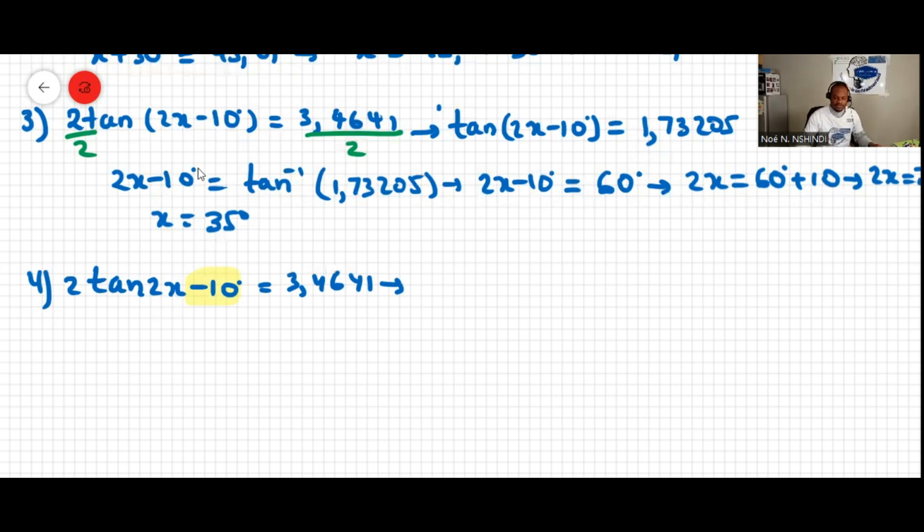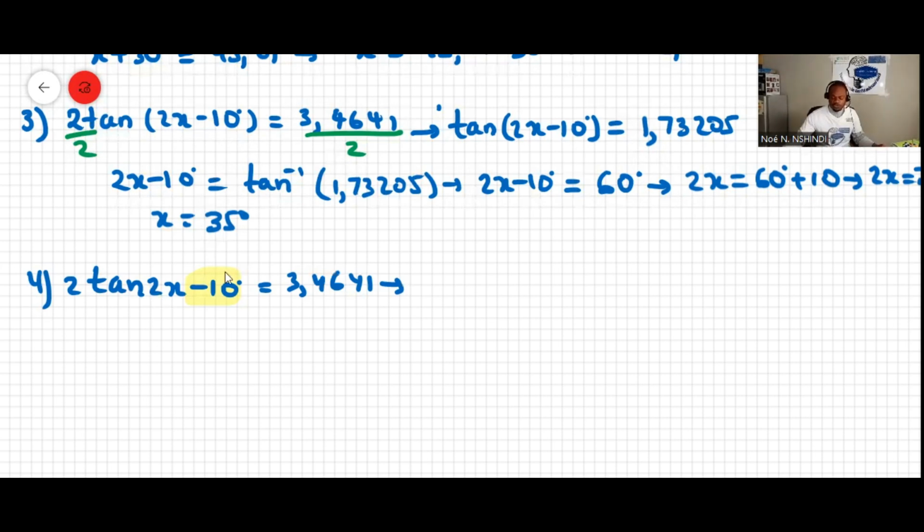It's outside. Here it was inside. All of this was forming the angle of the tan, but here negative 10 is outside. Over here, we have 2 tan of 2x, and then we minus 10 degrees.